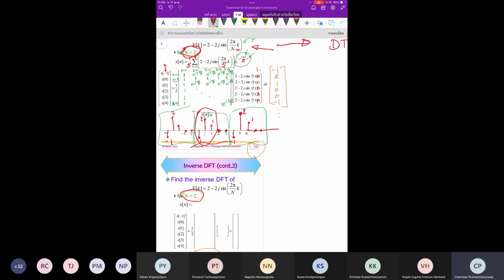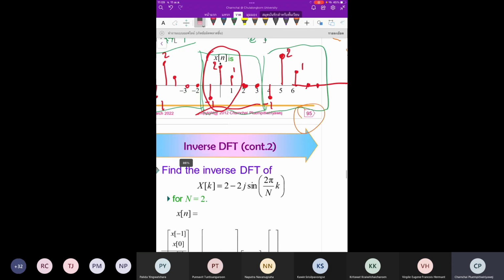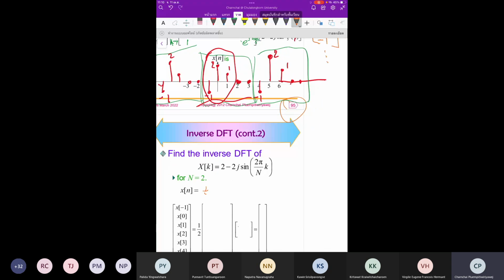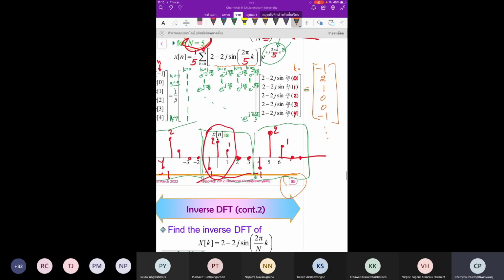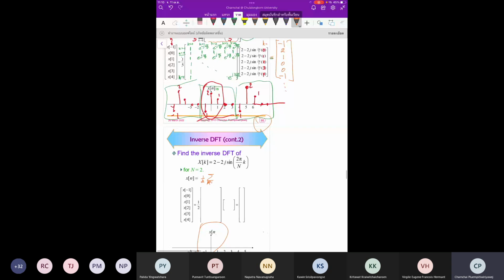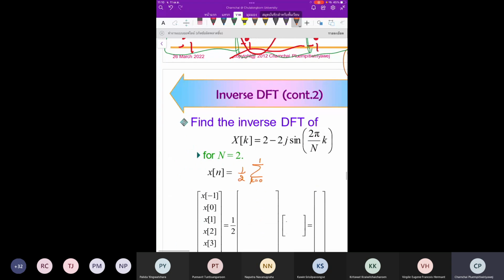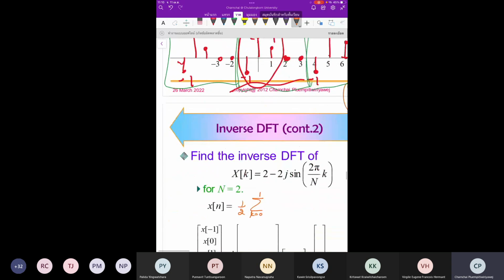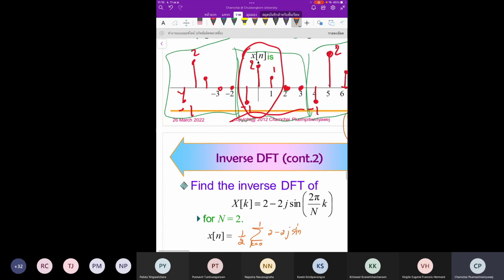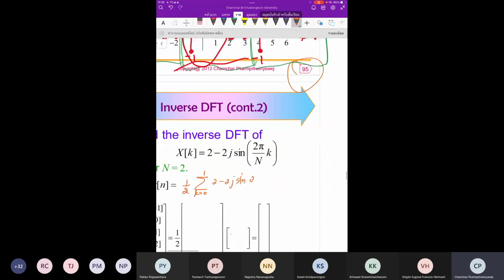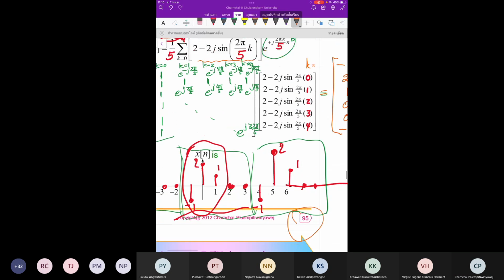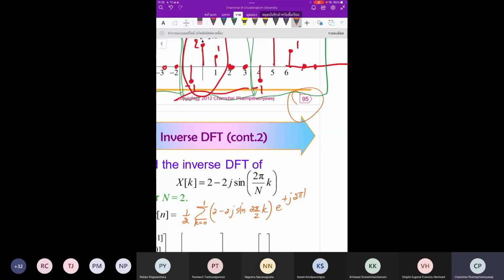The equation can be 1 over 2, according to this equation, summing k from 0 to 1, of X[k] times e to the plus j 2 pi k n over 2.